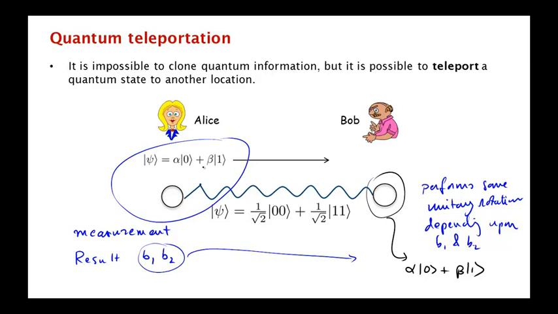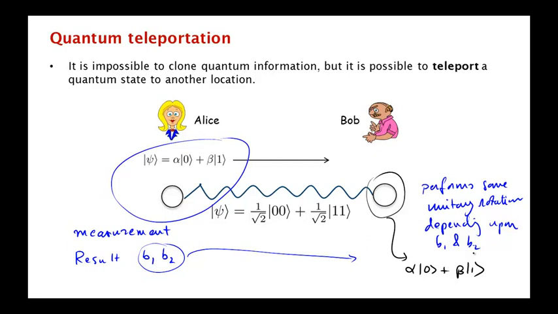Okay? So in what sense is it like teleportation? Well, it's like teleportation in the sense, on Star Trek, that you had this entity here on Alice's end, and you perform a certain protocol. This entity disappears, and then you do something on Bob's end, and it reappears at that end. So it's like teleportation. In what sense is it not like teleportation on Star Trek?